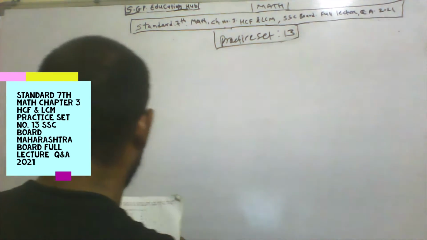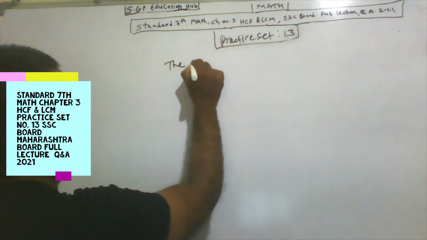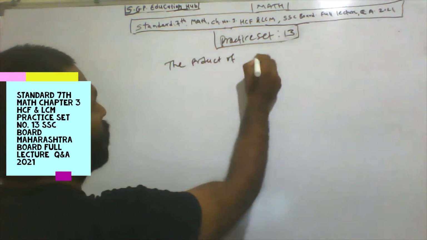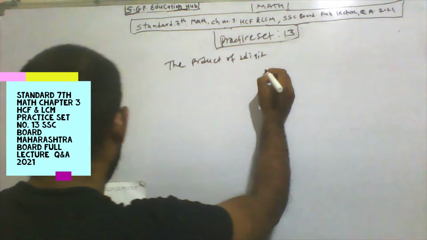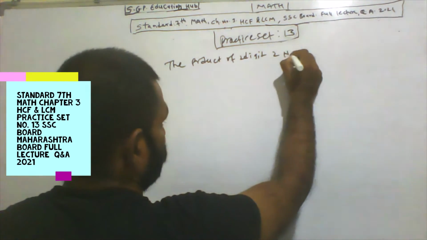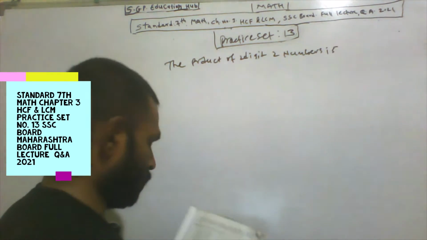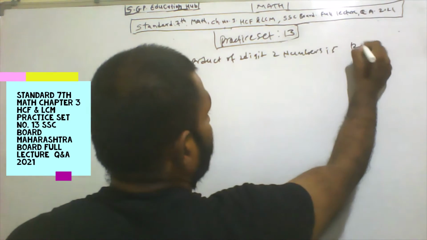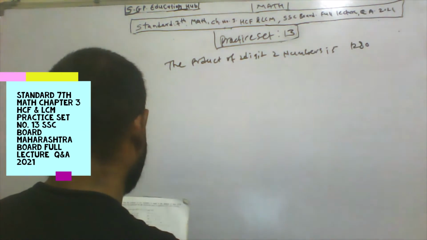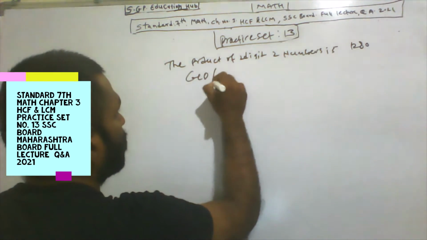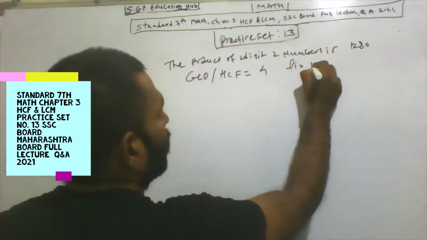The example is: the product of two two-digit numbers is 1280, and the GCD (HCF) is 4. Find the LCM.